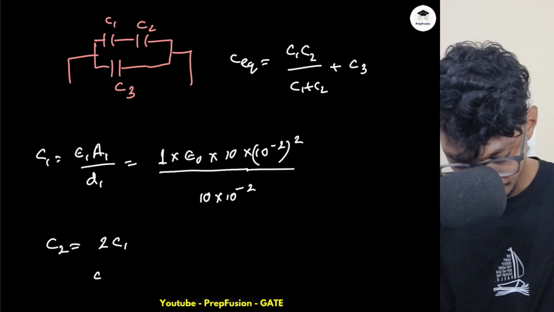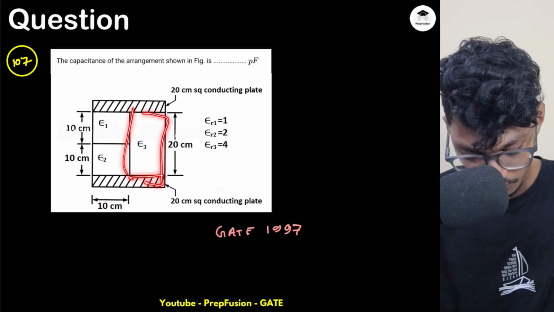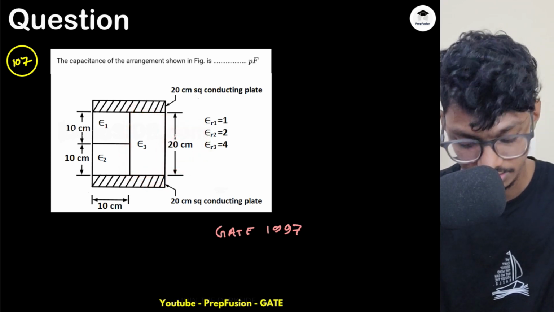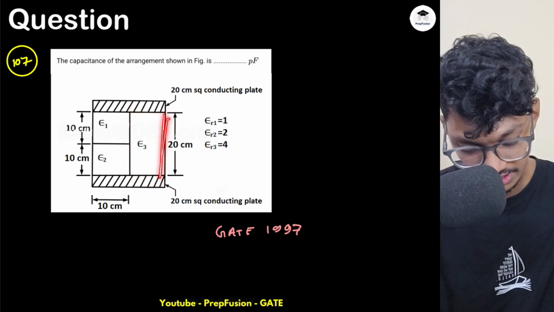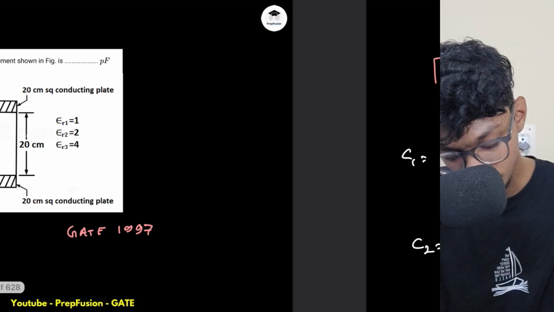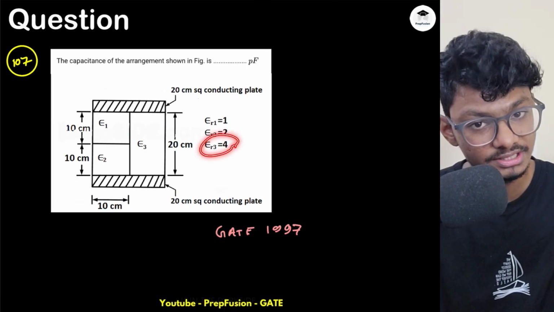What about C3? For C3, the area is again half, okay, but this is 20, so the distance has been doubled. If the distance has been doubled, obviously this also will be twice C1, right? But what is epsilon r3? Epsilon r3 is 4.